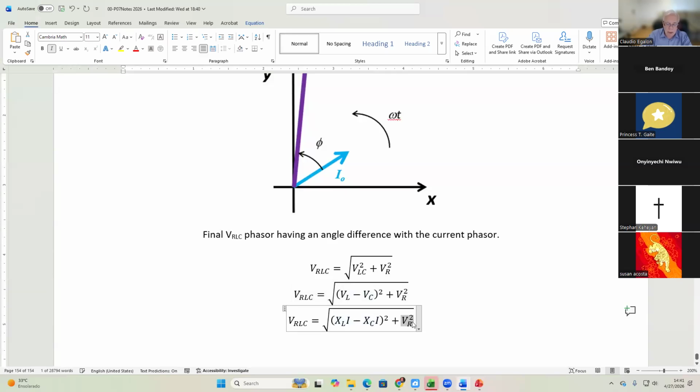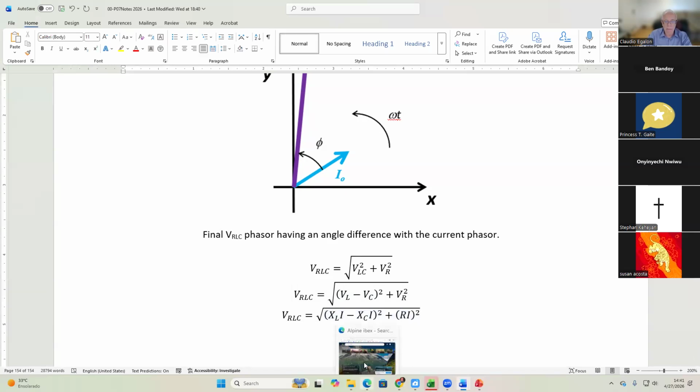The V sub R is going to be Ri. Here you go. Here are the common terms, right? I, and I. The common term is in reality I squared. I'm gonna put I squared here outside.